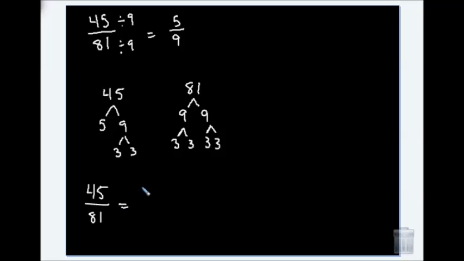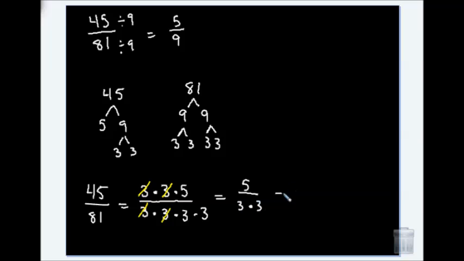So 45 is 3 times 3 times 5. And 81 is 3 times 3 times 3 times 3. Well, 3's cancel and 3's cancel. So I'm left with 5 over 3 times 3. So anything that's left over, you multiply back together.